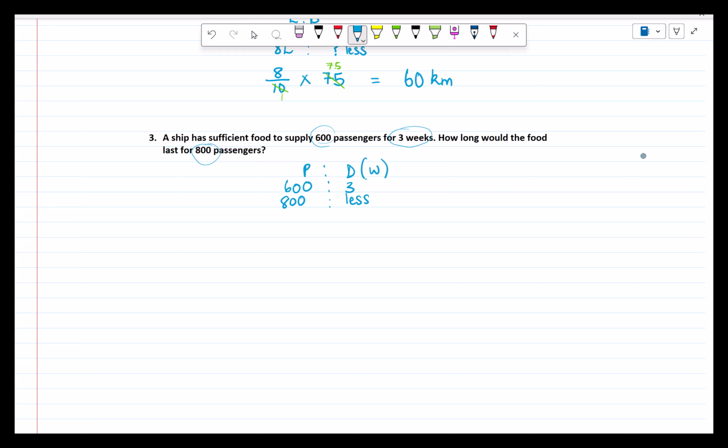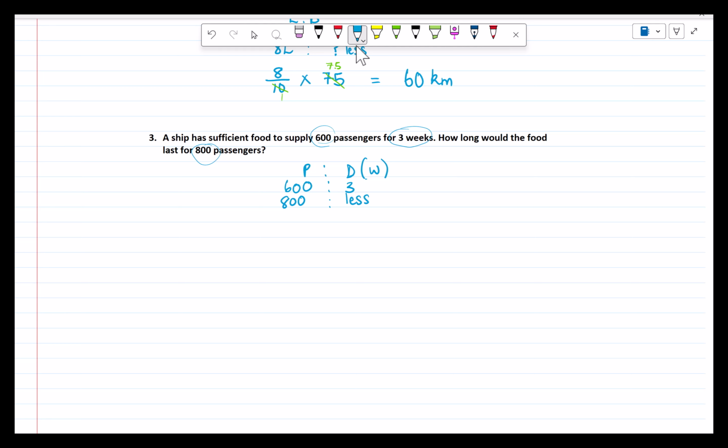So you can use this if you know what to put in this place, because if you make a mistake and say that it is going to be more just because you have increased the number of passengers, then the answer would be incorrect. But if you know that it would be less, then you can go ahead and use this method. However, I'll show you another way of tackling this question. But for now, let's just continue with this.